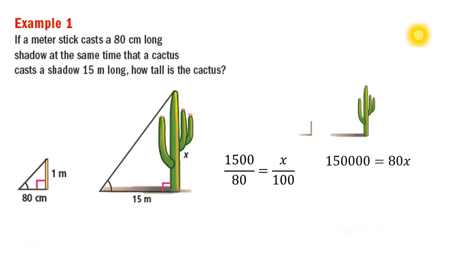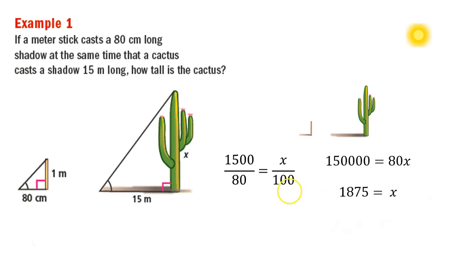That has to be equal to 80 times x. That's cross multiplication, means extremes. Not the only way to solve this problem, but a way to solve this problem. And then I solve for x. Divide both sides by 80. If I divide both sides by 80, I get 1,875. And remember, this is in centimeters.